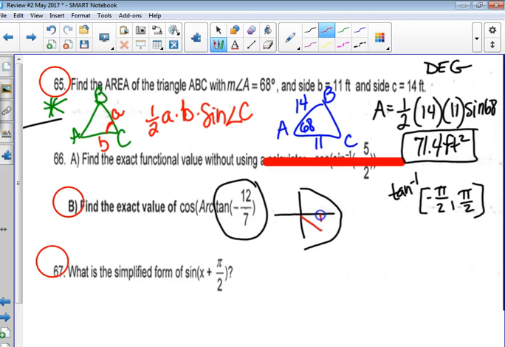So it has to be in this quadrant. Tangent is opposite over adjacent, or y over x. And we need to find the hypotenuse, I think, with the Pythagorean theorem.